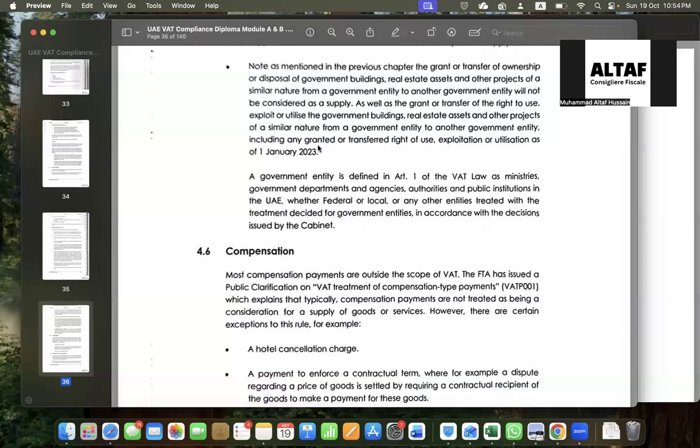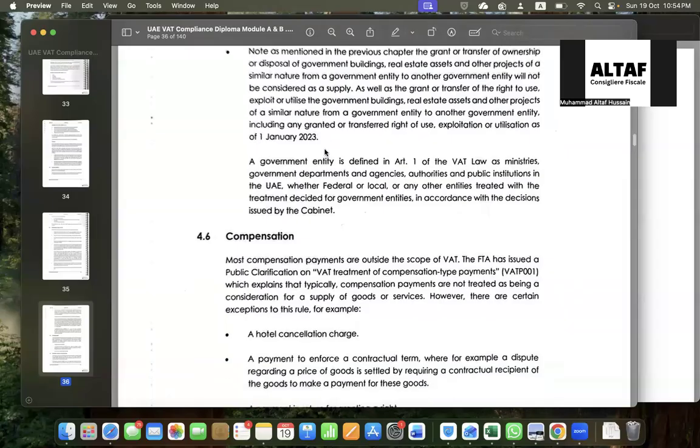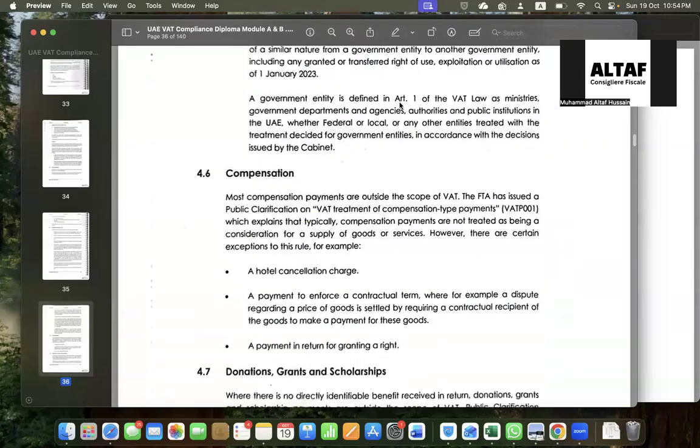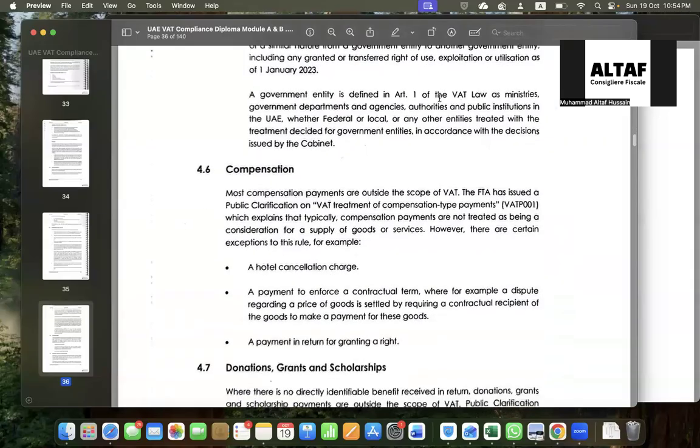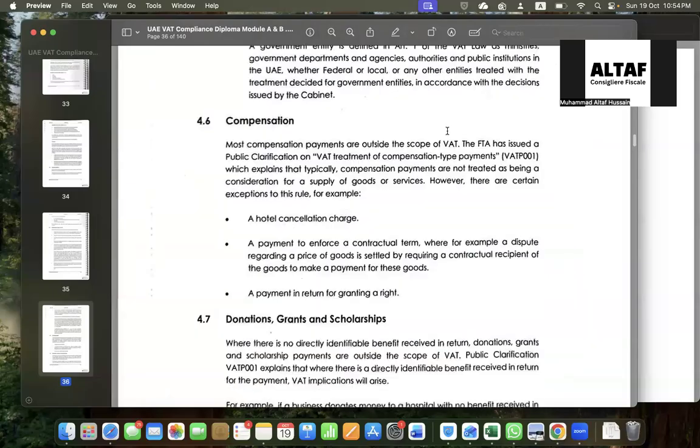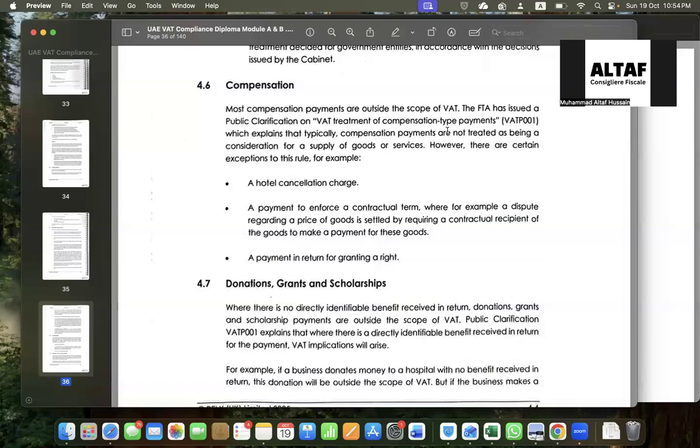So if such similar transactions have taken place before 1 January 2023, they will be subject to VAT. But beyond 1 January 2023, that day included, these transactions will be considered as out of scope of VAT. A government entity is defined under Article 1 as ministry, government department, etc. Whether it is federal level or emirate level, these are all government entities.